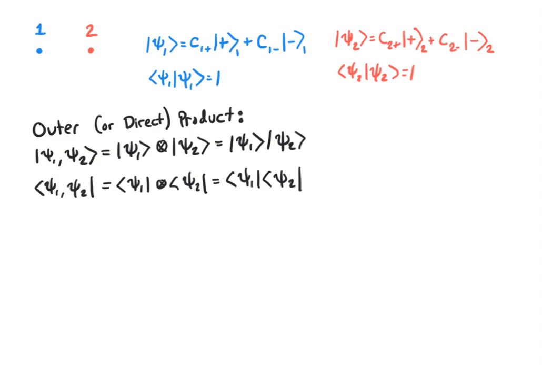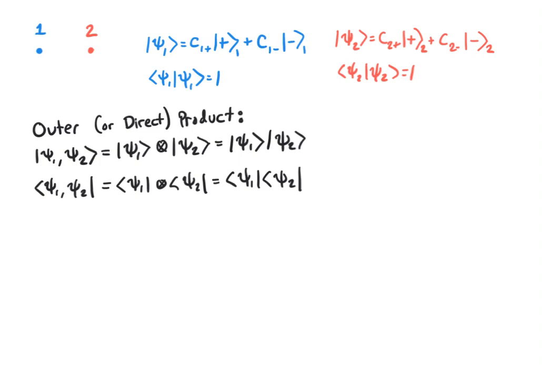Well, again, psi 1 and psi 2 are independent of each other. So my ket vector of psi 1 has got nothing to do with my bra vector of psi 2. The psi 1 is expressed in the basis vectors 1 plus and 1 minus, whereas psi 2 is expressed in terms of 2 plus and 2 minus. So psi 1 and psi 2 basically don't see each other.